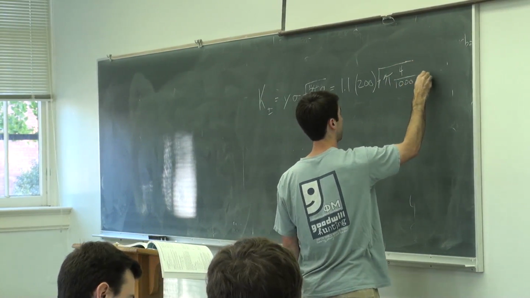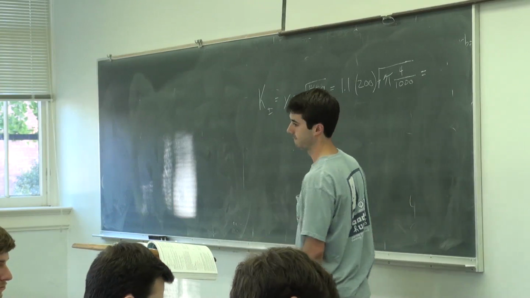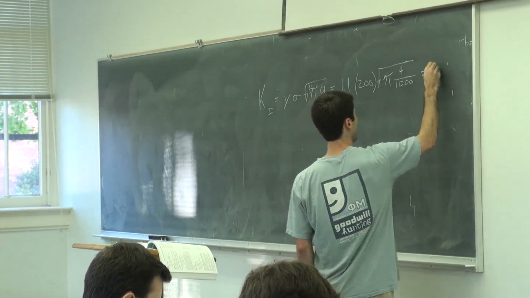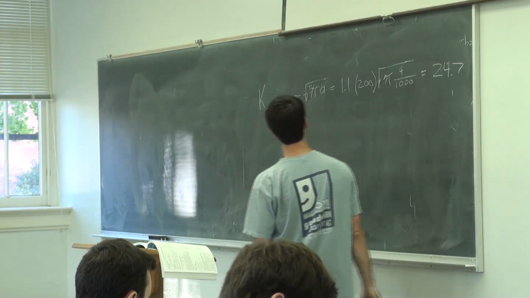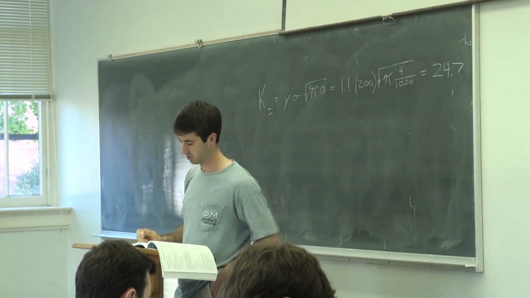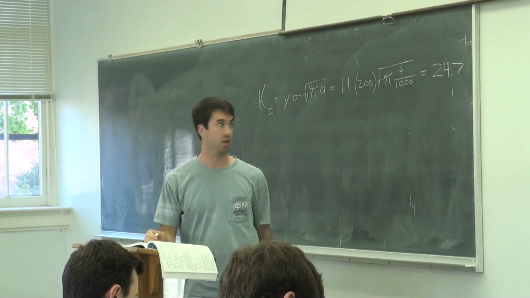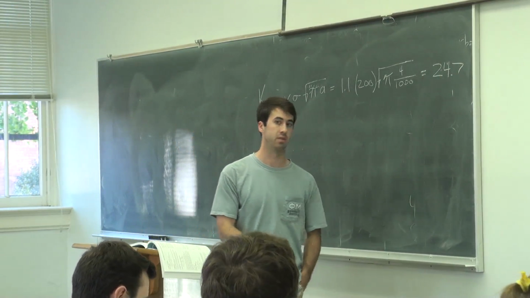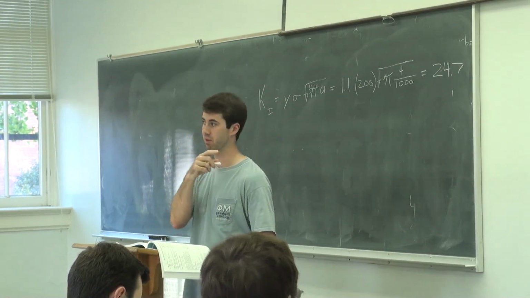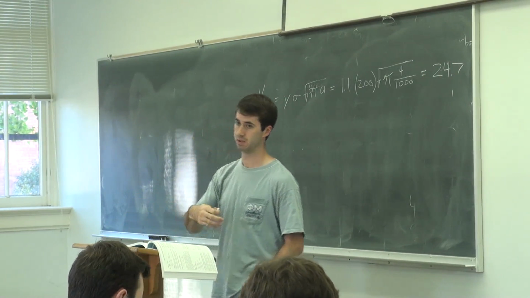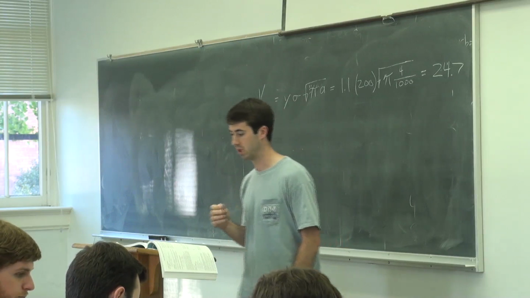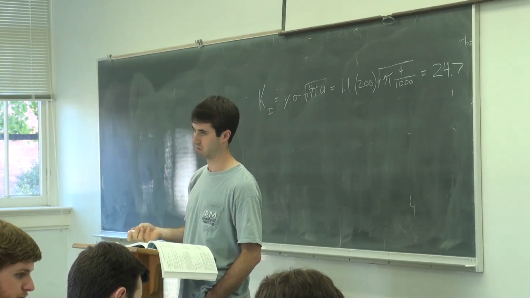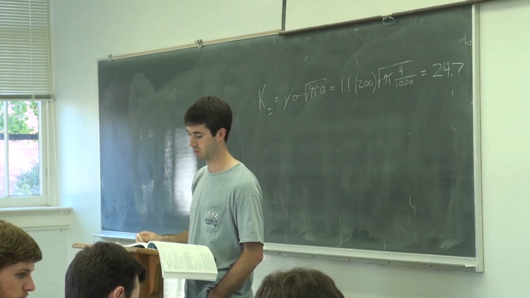Somebody calculate that. 24.7. So that means we need a material that has a stress intensity factor of at least 24.7. Anything less than that is going to continue to crack. Anything greater will be okay. So given that number, what material will we pick?